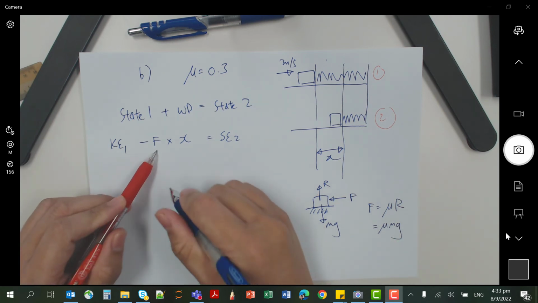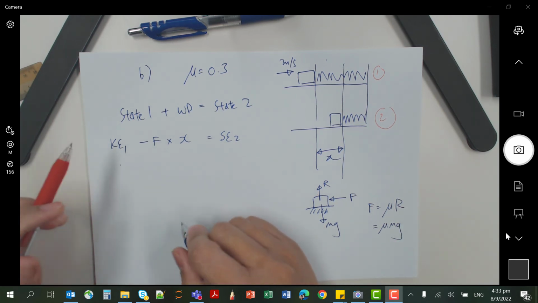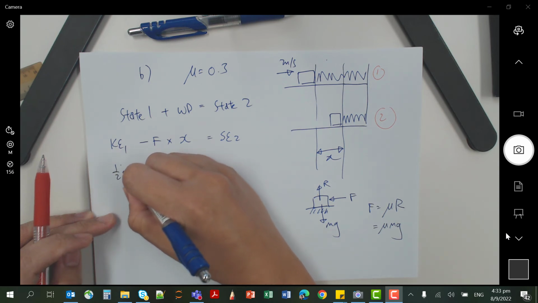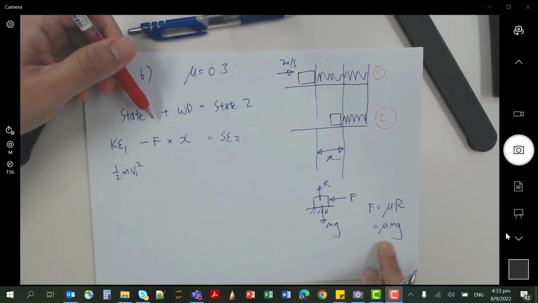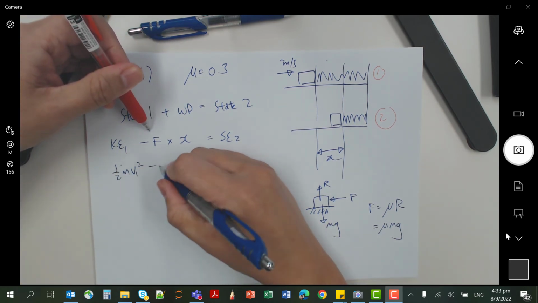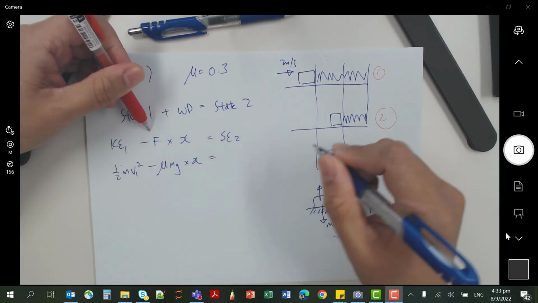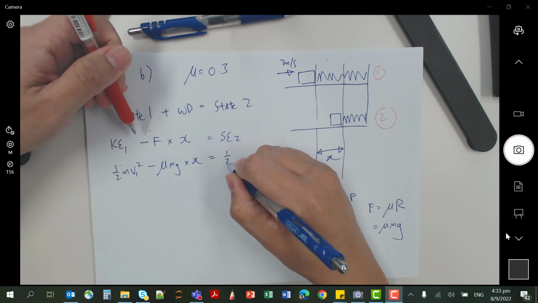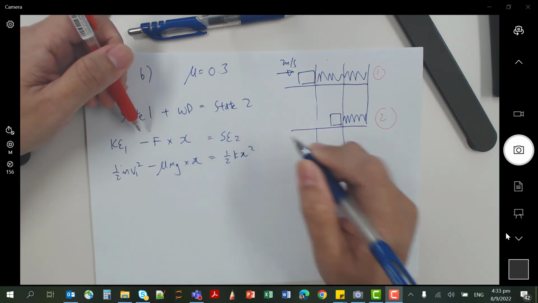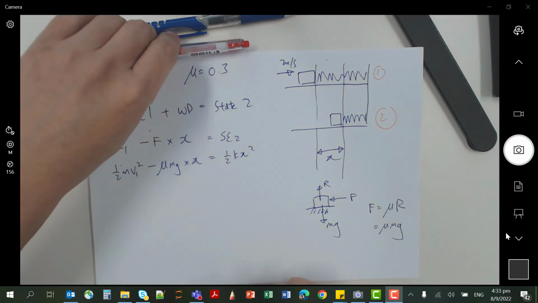So here is half m v1 squared minus mu mg times x equals half k x squared.